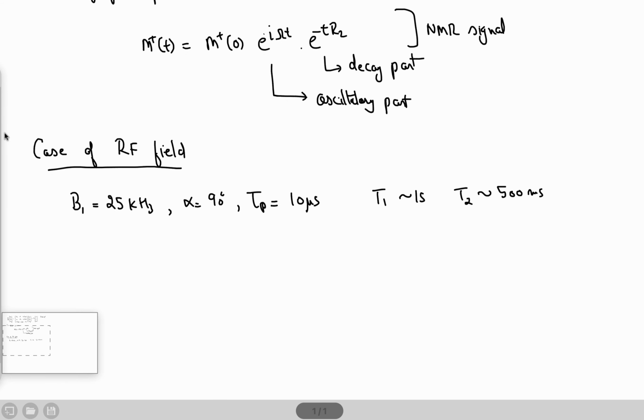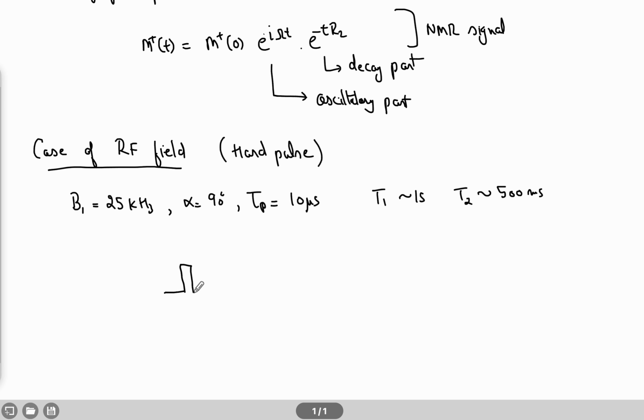I must also mention that this discussion is true only for something called a hard pulse. There can be two types of pulses. One is called a hard pulse, which is displayed like this, which is typically a high power pulse. That's why it is called a hard pulse: high power and short duration. Because the duration is short, you can ignore the relaxation effects.